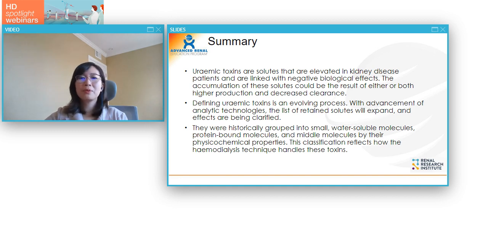From the membrane's perspective, the most relevant classification of toxins is by their effective size, which divides those toxins into three groups: small water-soluble toxins, protein-bound uremic toxins, and middle molecules.